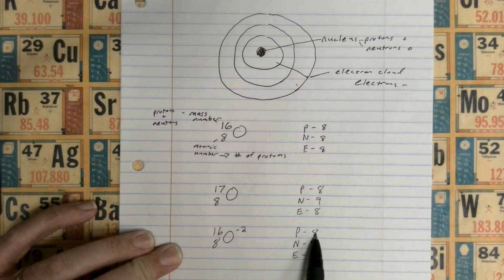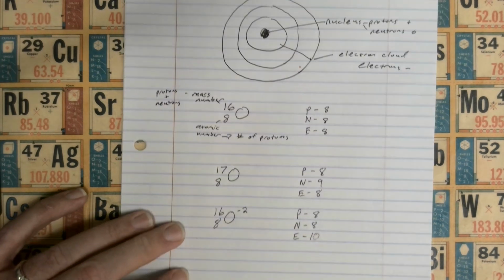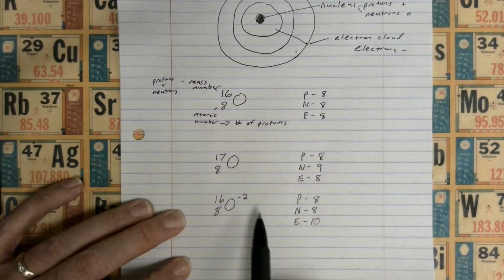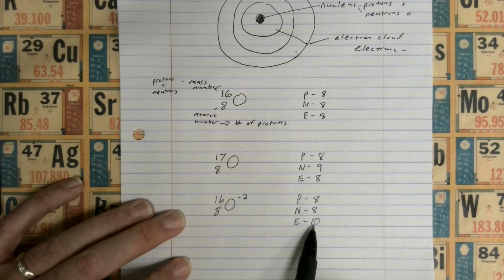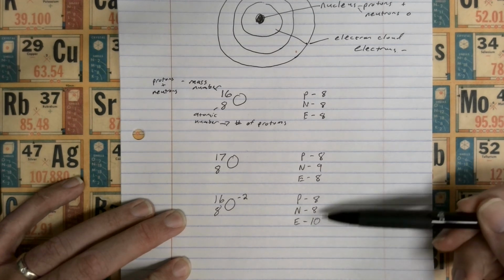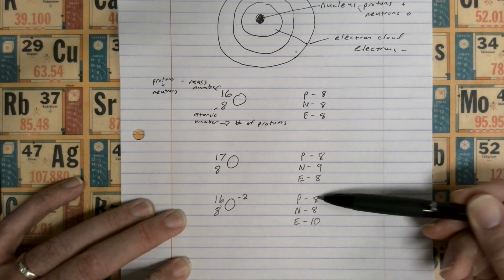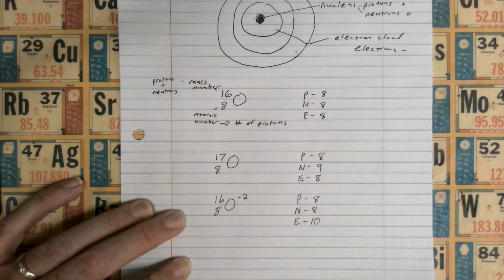I know I have 8 protons, so I must have 10 electrons. If it was a +2, the opposite would be true: I'd have 2 more protons than I have electrons.